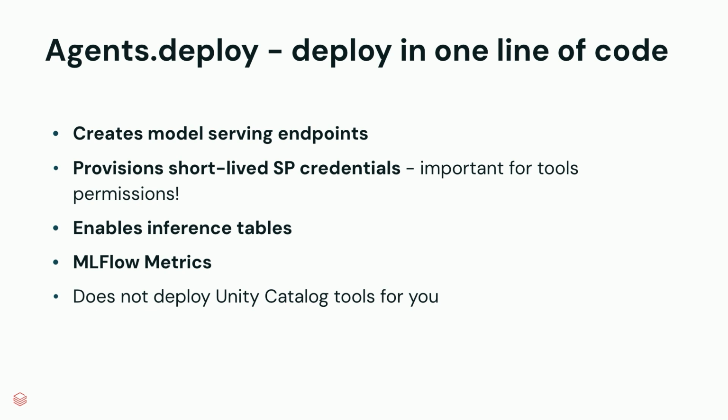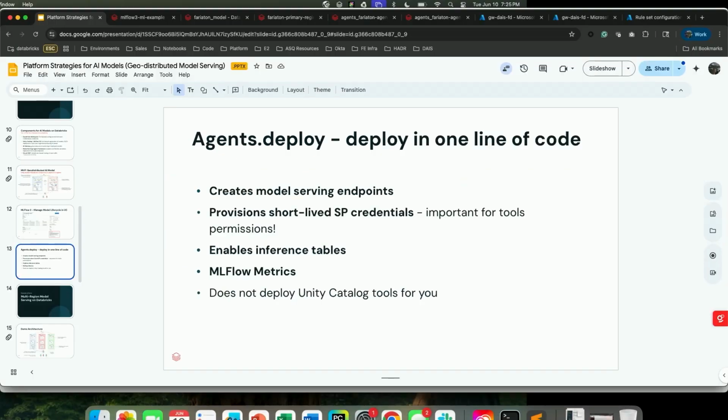It'll enable inference tables if you tell it to. It'll give you live monitoring metrics of the agent, so agent deploy doesn't just deploy a single model endpoint for servicing the request, but also a feedback model endpoint for monitoring of the quality of that agent. And then finally, any metrics around that agent are also deployed as part of agents.deploy.